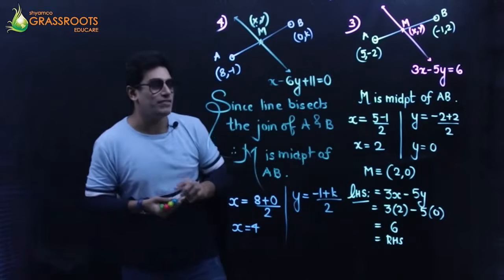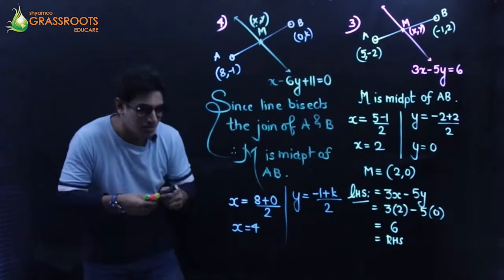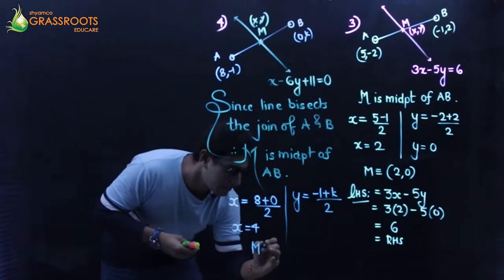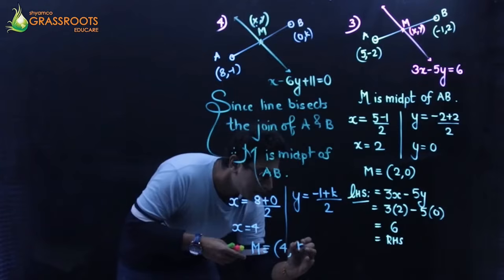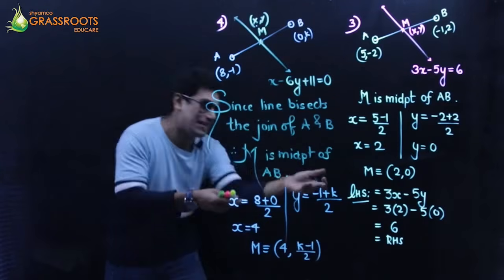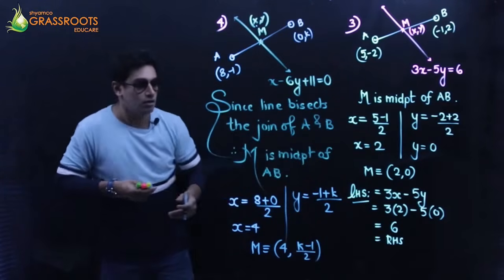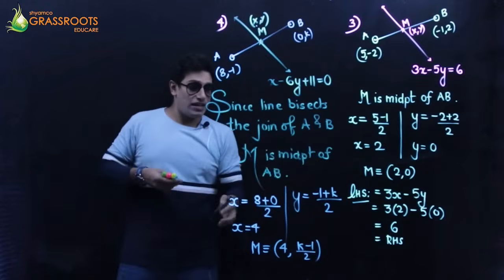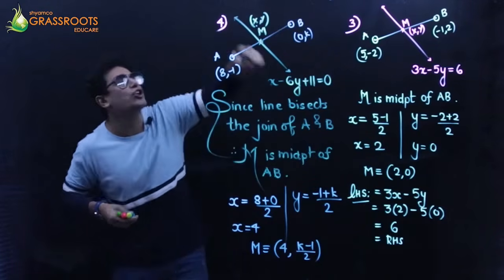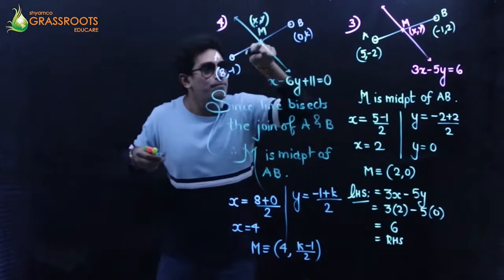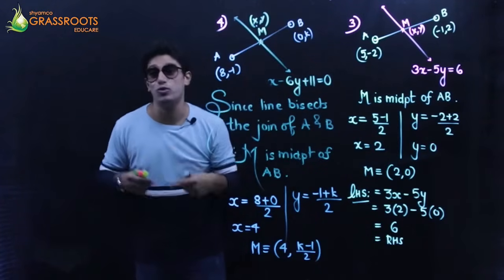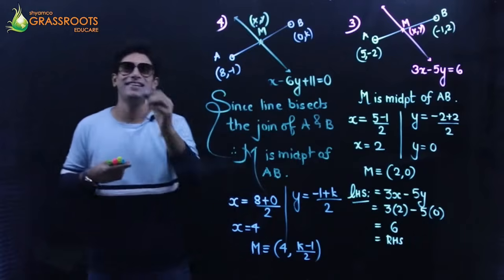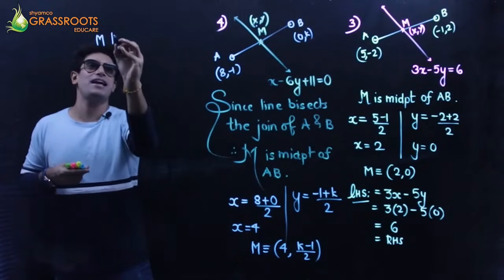Now tell me one thing. Doesn't this give me the coordinates of M, which is 4 comma k minus 1 upon 2? Same thing, minus 1 plus k. I can say M lies on the line. M is a member of the family of this line, so it satisfies the equation.